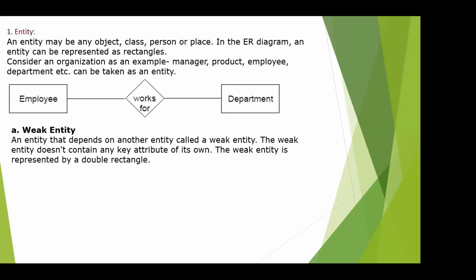Usually we say those two are friends, but A and B are two friends, and B always depends on A. That means without A he cannot do anything, but A can do anything without B. Now B is called a weak entity. A is called a strong entity, or just entity, because A does not depend on any other person, but B completely depends on A.